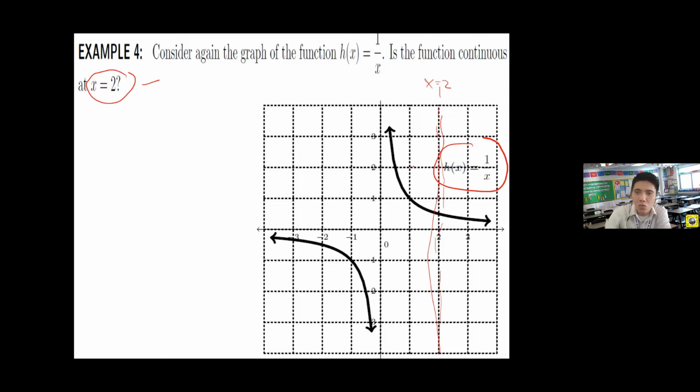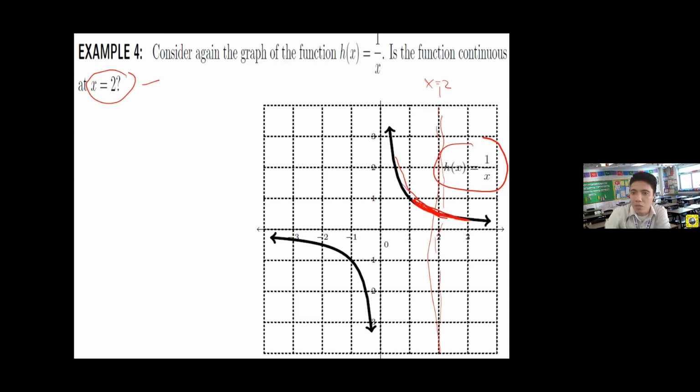Here is where we focus. Can you sketch the graph without lifting your writing material in this part?